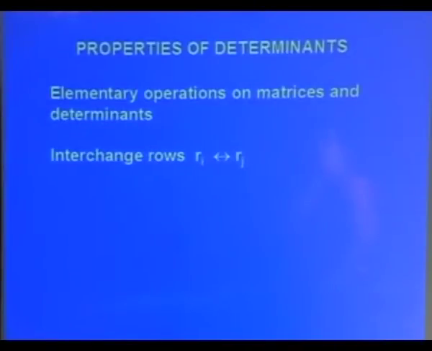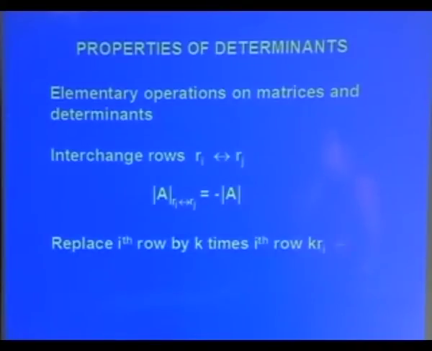So we have the first elementary operation where we interchange the ith row with the jth row of the matrix. Now if we interchange the ith row and jth row, we denote it by determinant A with Ri and Rj interchanged, used as a suffix. Then this is equal to minus A. This I have proved in my earlier slide.